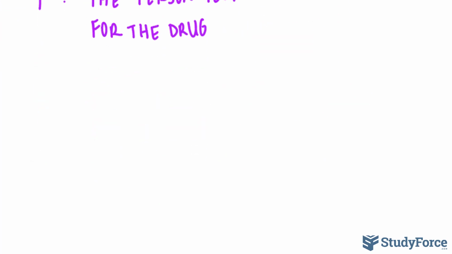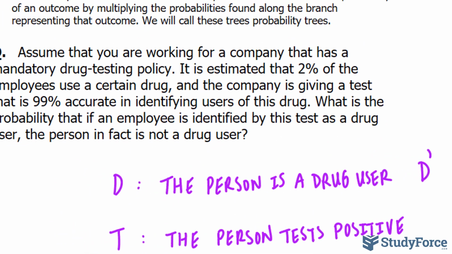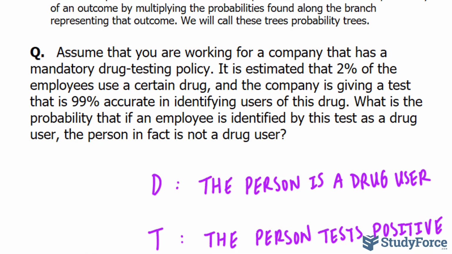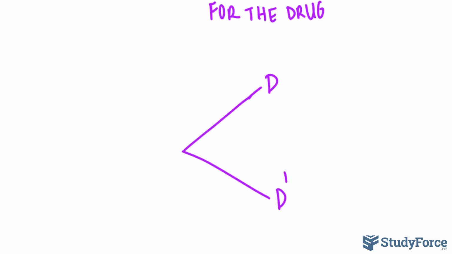So to build our tree, we can have two branches where the first branch tells us that the person is a drug user, and the second branch, the person is not. In the question, it says that 2% of the employees use a certain drug. So there is a 2% chance that it goes in this branch.